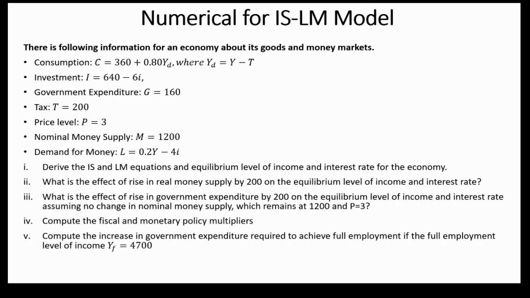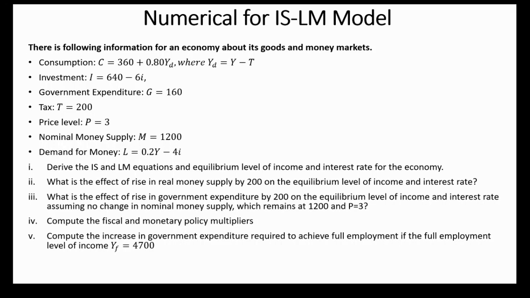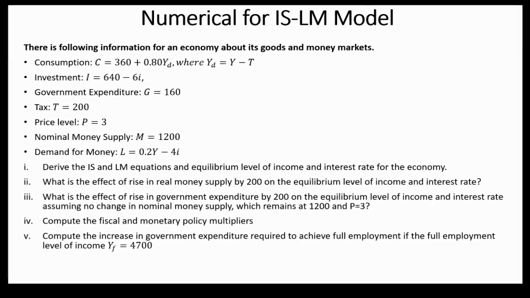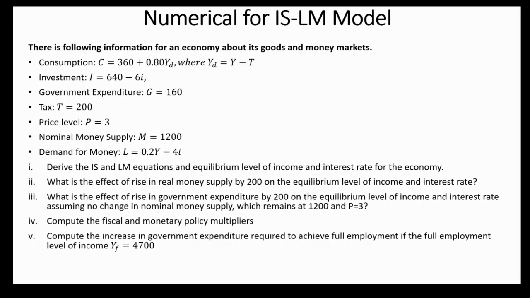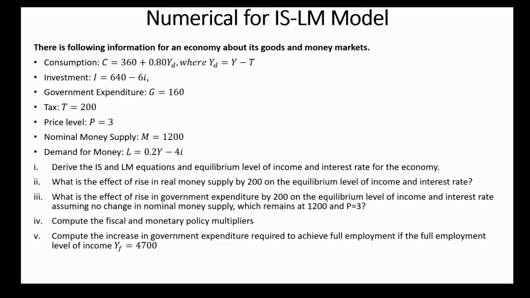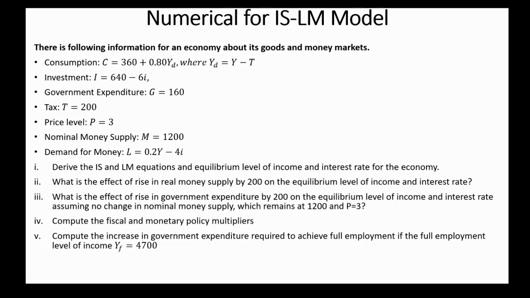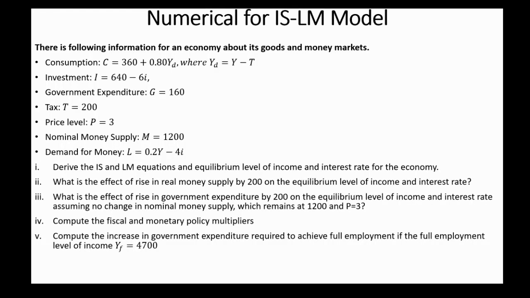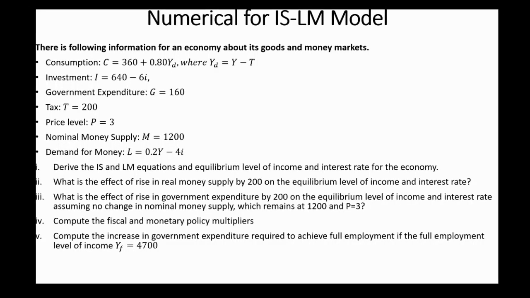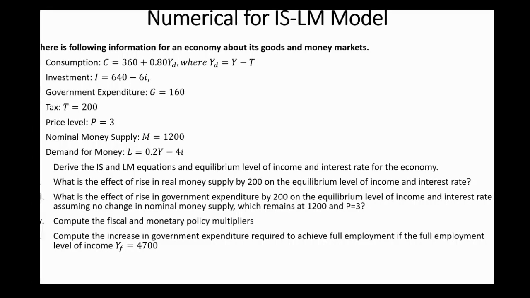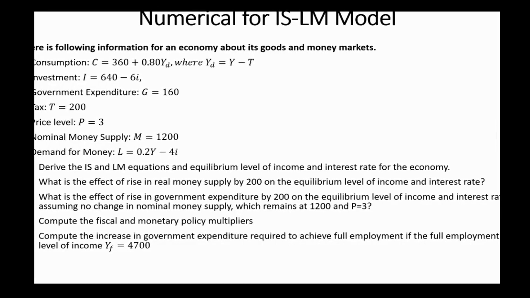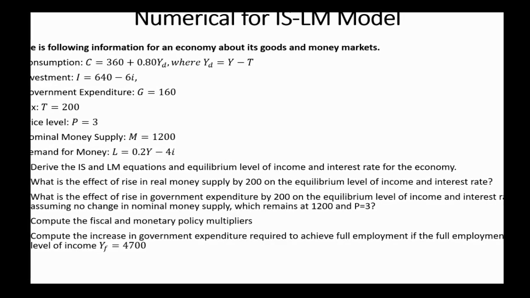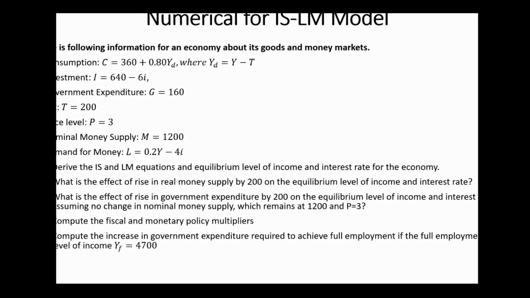And the fifth question is to find the required increase in government expenditure to reach full employment, where the full employment level of income is given by YF = 4700.